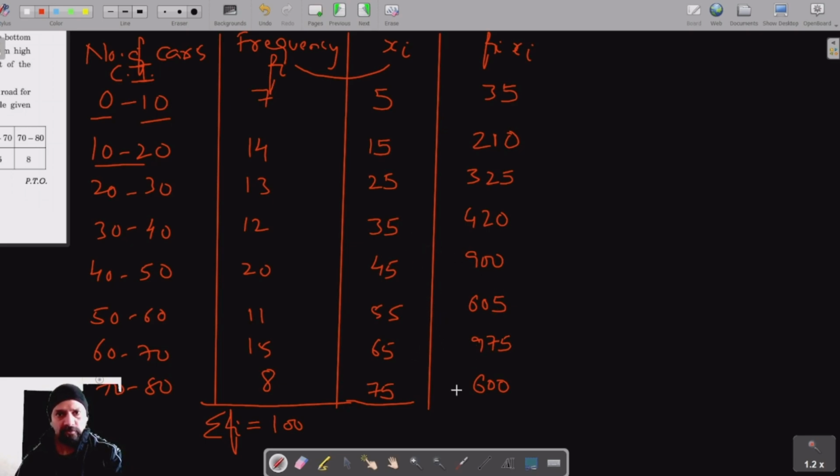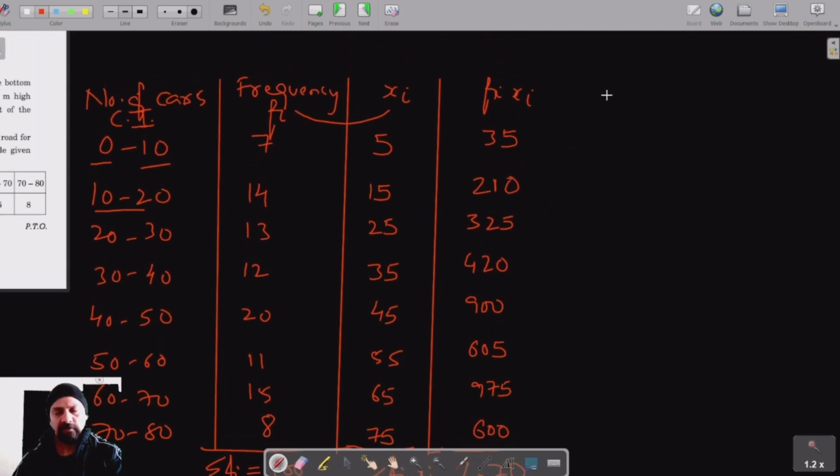Let's find out the sum total of sigma fi into xi, which gives us 4070.